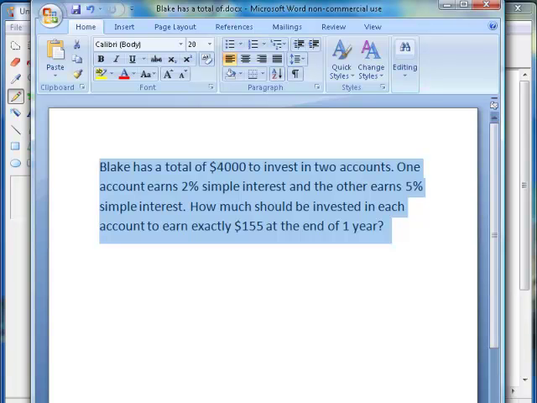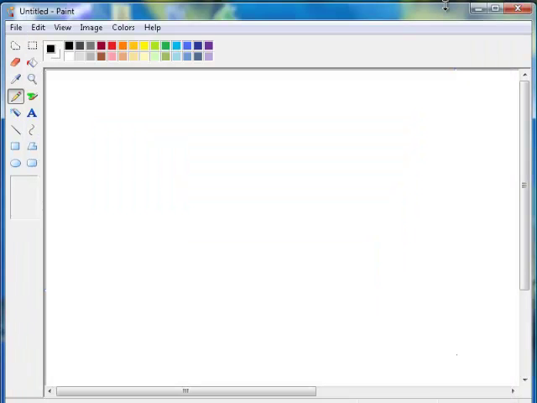Now this is called a diversified investment problem, and you do need to use a system of equations in order to work this out. The first thing that we are going to do is to identify our variables. In systems word problems, you are always going to have 2 variables. You're going to have an x variable and you will have a y variable. Now in this case you're trying to find what is invested at the 2% and what's invested at 5%.